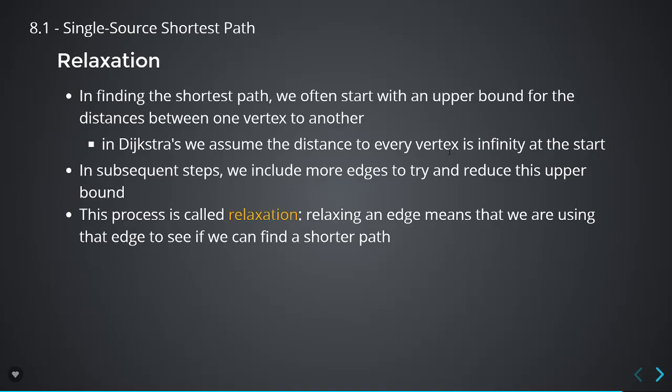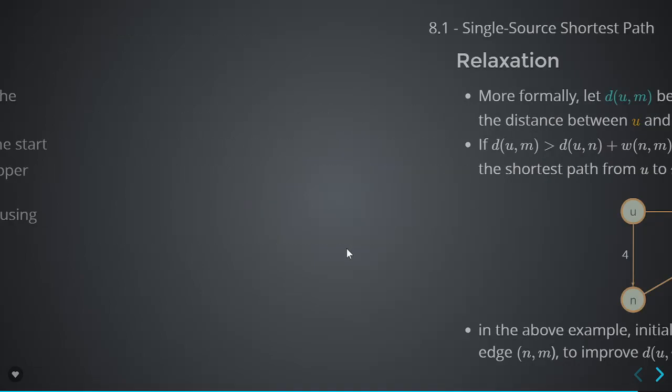And whatever algorithm we use, we'll always try to use other edges to improve the distance that we have so far. This process is what we call relaxation. So relaxing an edge means that we're using that edge to see if we can find a shorter path. Maybe an example will help here.